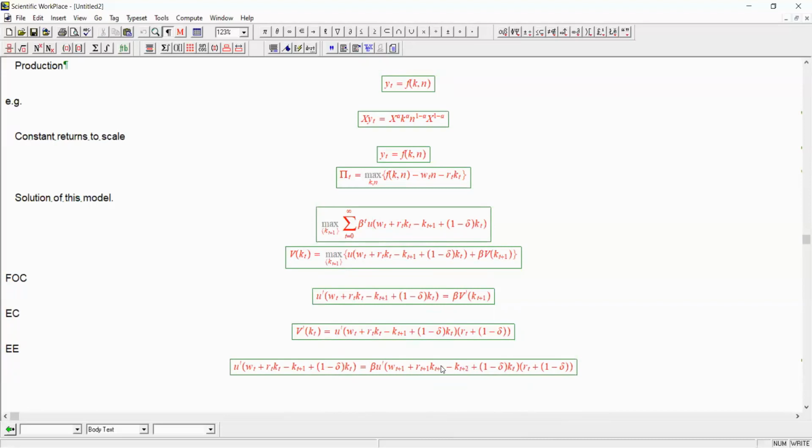And you'll see that this means that the household's problem is solved by a second order difference equation, because it has kt plus 1, and over here it has kt plus 2. So there are going to be infinitely many solutions to this, but there will only be one that satisfies the transversality condition, and so that's the one we'll look at.